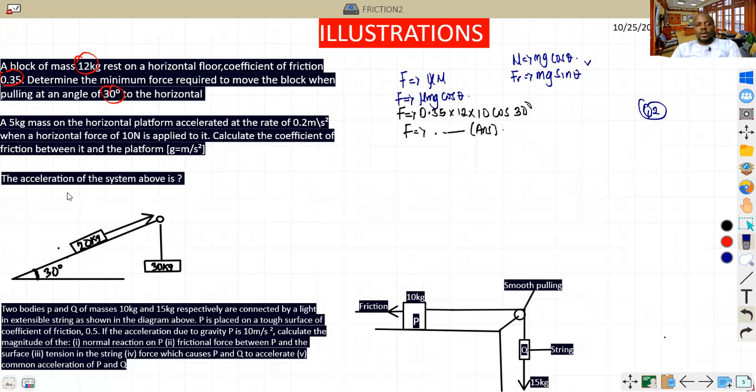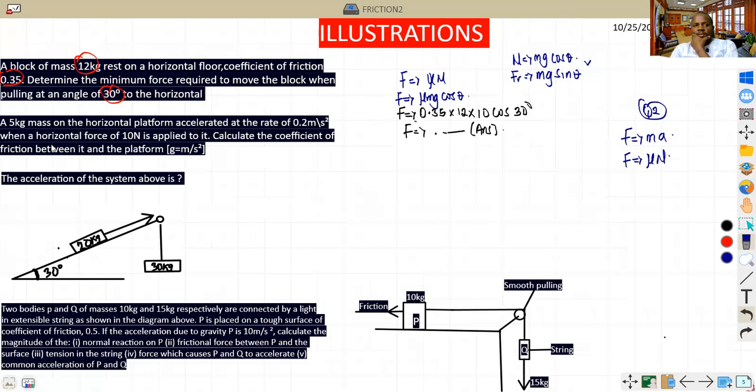Now, this is a very simple question because you know friction exists. We know that F is equal to ma, second law of motion. We've talked about that. And frictional force is also equal to mu N, where N is mg, anytime, any day. Now, without wasting time, mass was given to be 5. It is accelerated at this rate, then you can get the force acting on the body because you know the acceleration.